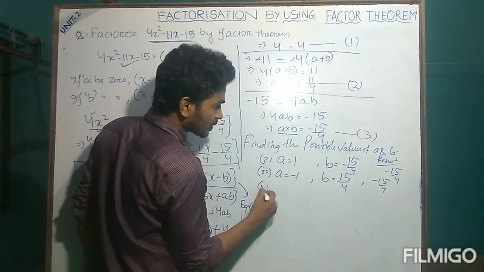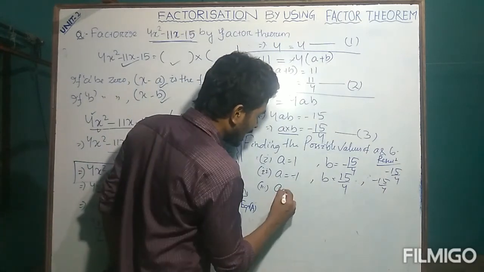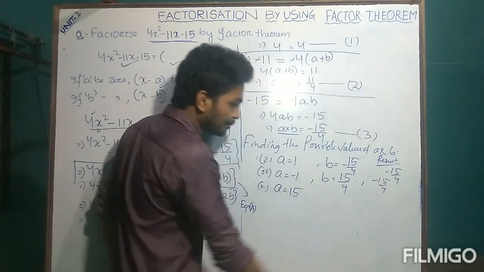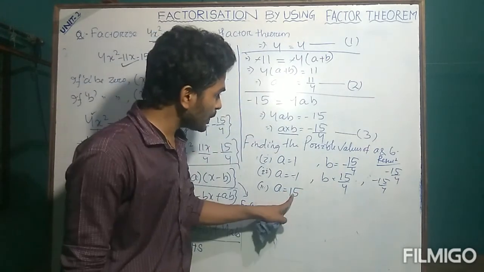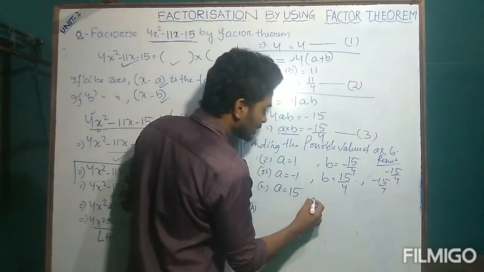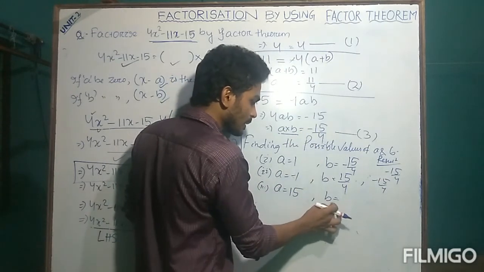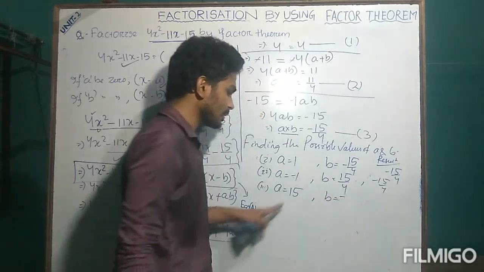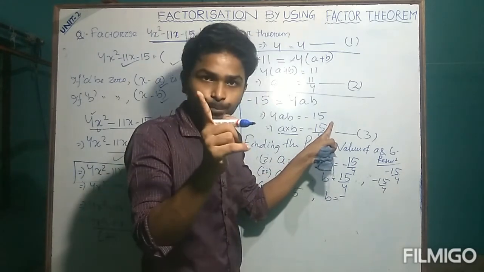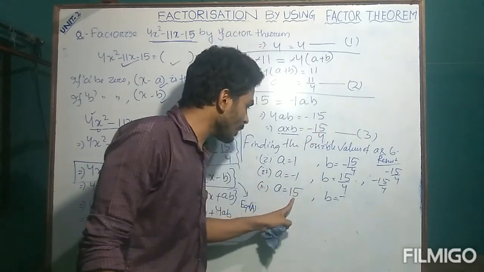Third assumption: we can take a to be 15. Can we take a to be 15? Yes. If a is 15, what is the value of b? First you have to find whether it is negative or positive. So b is negative, because a is positive. Now in the result we need 15 in the numerator, and 15 comes from a.